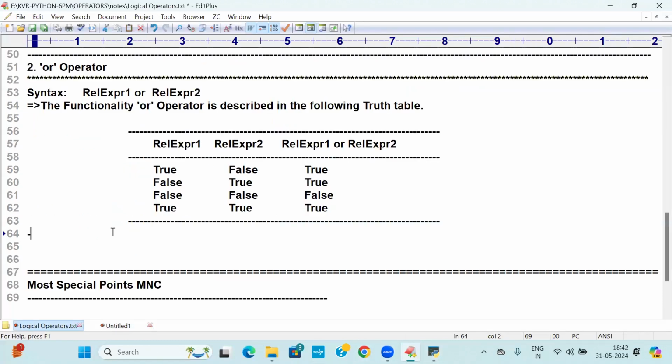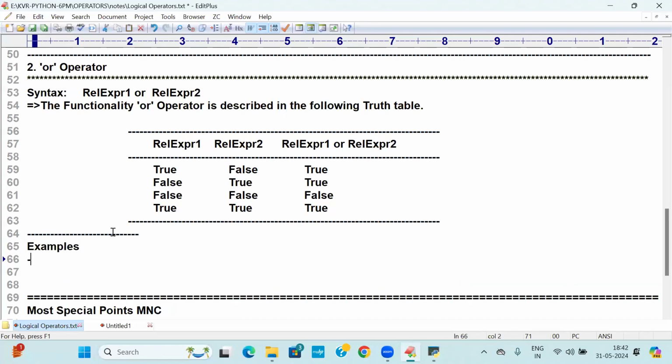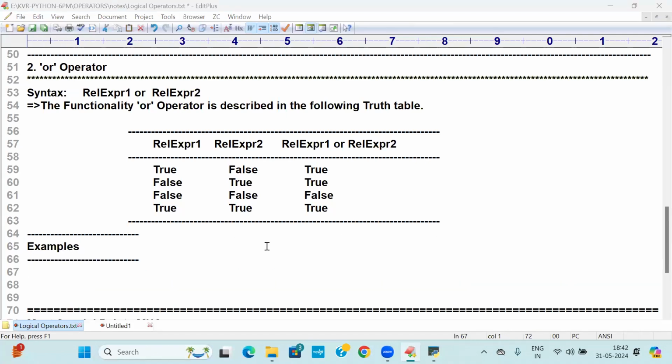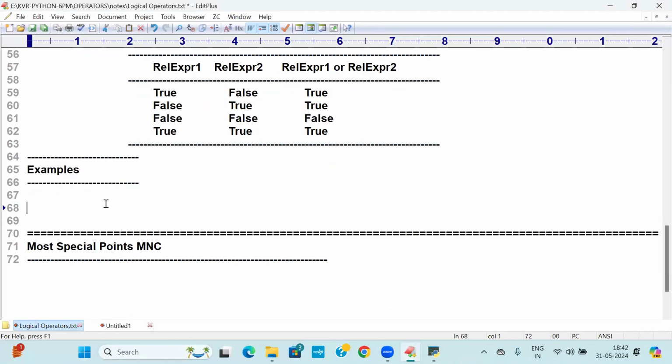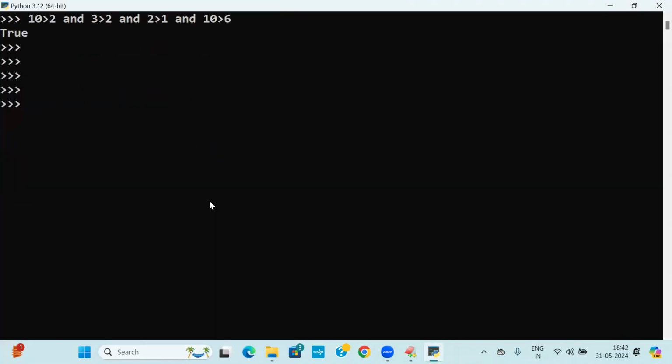Done. Examples, let us start with examples. See, students, now I'm going to enter into this case. How important this is. Now I'm writing, carefully follow. True or false is what? True. Already I said.